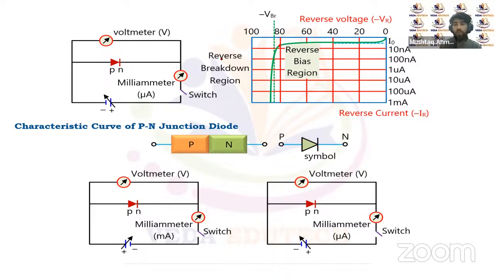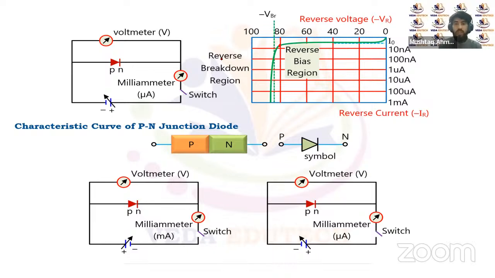In the reverse breakdown region, when the reverse current increases, the carriers further break the bonds of the semiconductor material. Because of that, the number of minority carriers increases, and the reverse current increases exponentially.